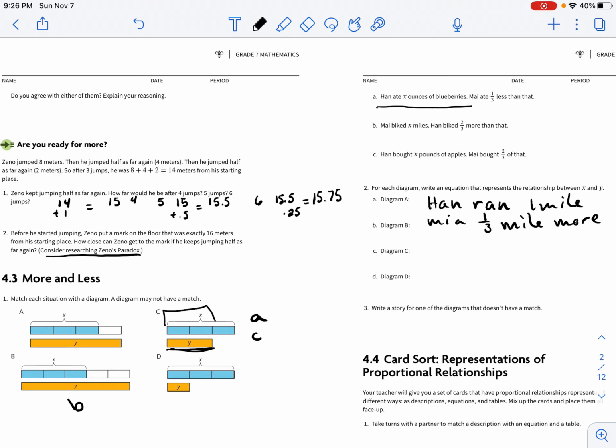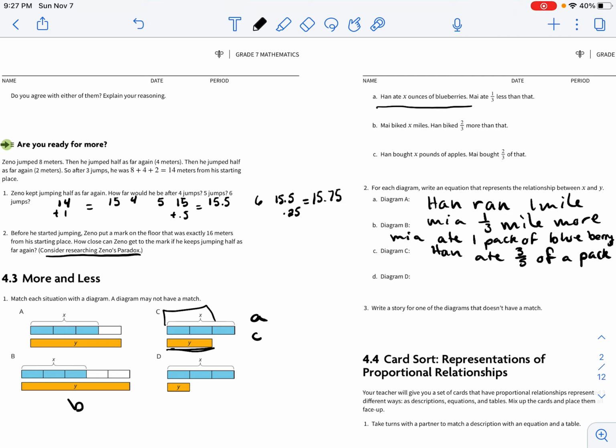Okay, for B, let's see, you could say Maya ate 1 pack of blueberries, Han ate 3/5 of a pack. And so on.